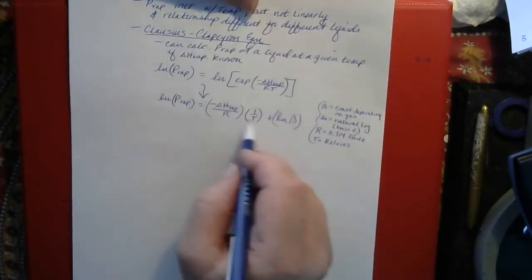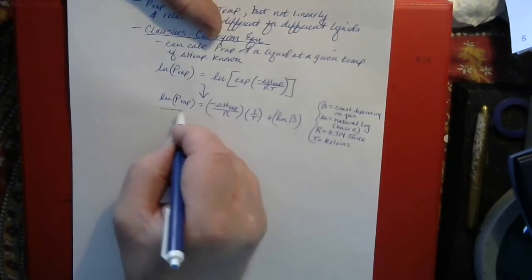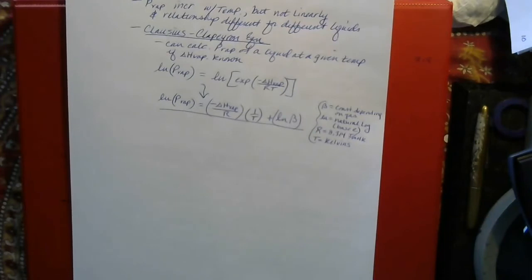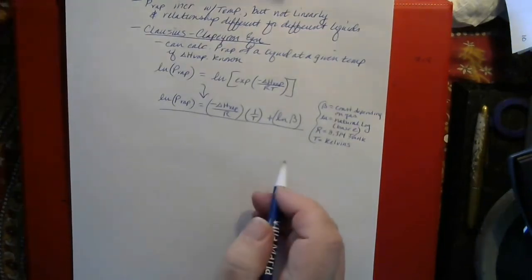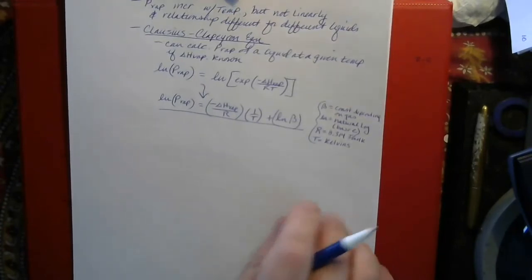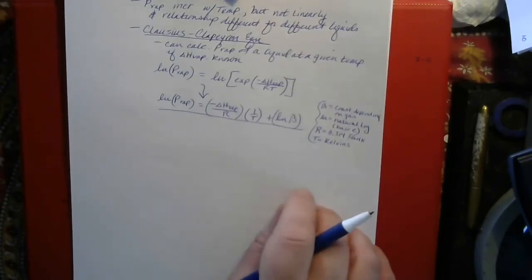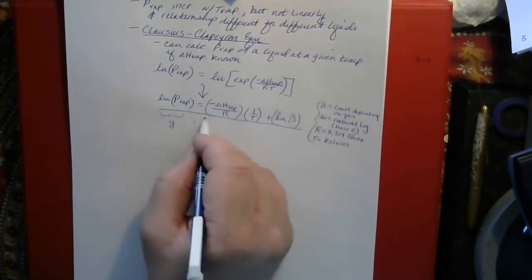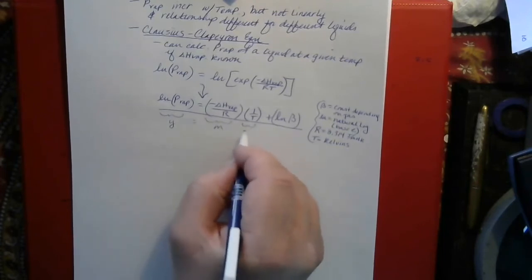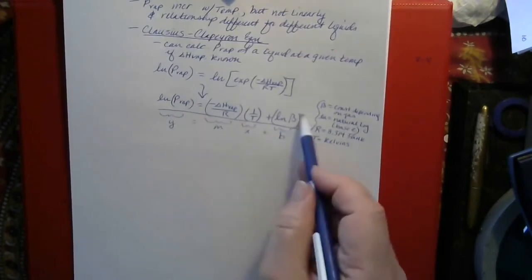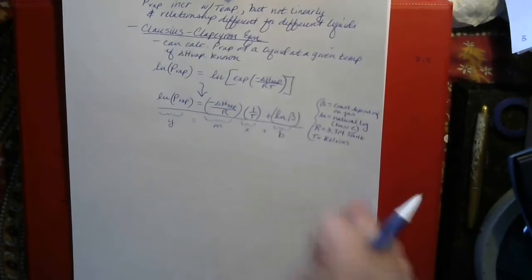And the reason that we tend to use the Clausius-Clapeyron equation in this form is that if you're familiar with the equation for a straight line, it's usually rendered as y equals mx plus b, where x and y are the two axes, and m would be the slope of the line, and b would be the y-intercept. Well, look what we've got here. Y equals mx plus b. I mean, it's even beta, which is the Greek version of b.